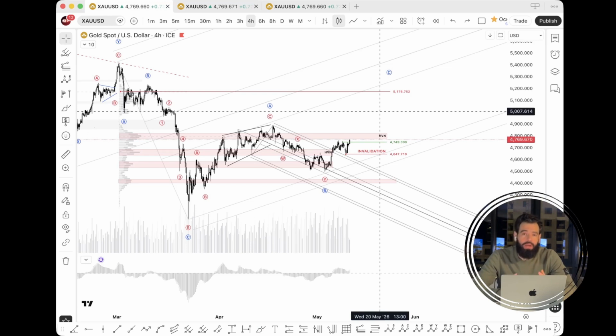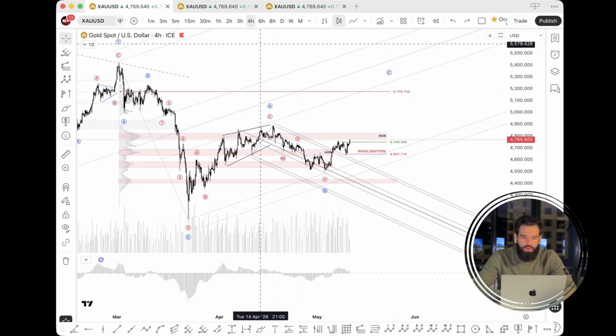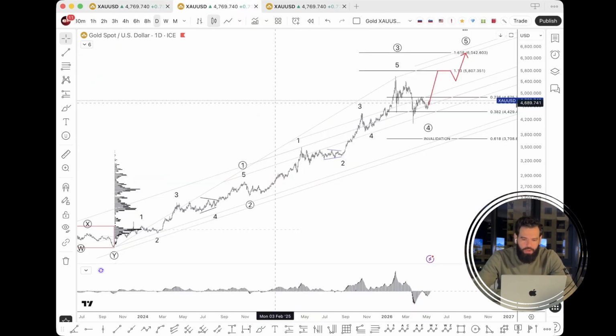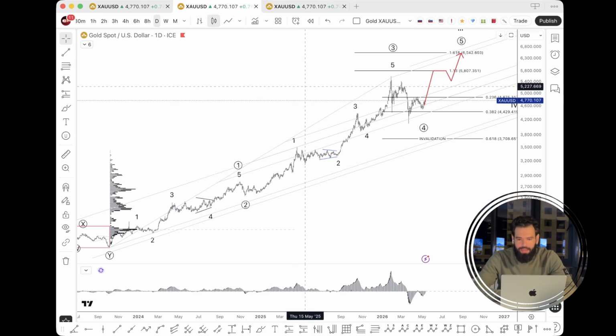Now, about the targets. How far will we go? And here, it's important to understand my higher time frame markup that I've already published. It hasn't changed at all since probably the month of January. I keep repeating the same thing. Currently, the main scenario is continued growth, with gold hitting new highs around 6,500, just like the other metals.